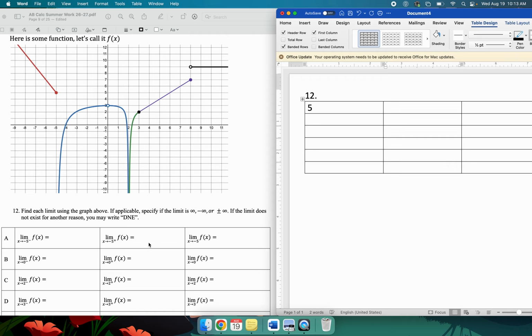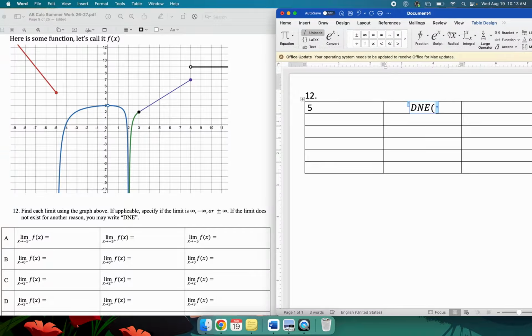So I don't think that the y values are converging or settling down on any particular number. Rather, the y values are becoming larger and larger negative numbers. So the y values are approaching -infinity. What we would write down as an answer to this question is actually DNE, which stands for does not exist, and then in parentheses, -infinity.